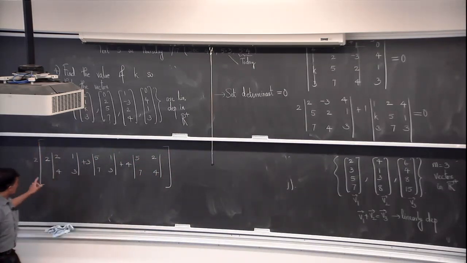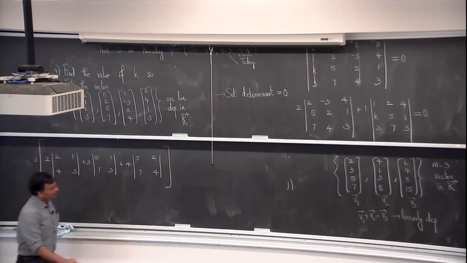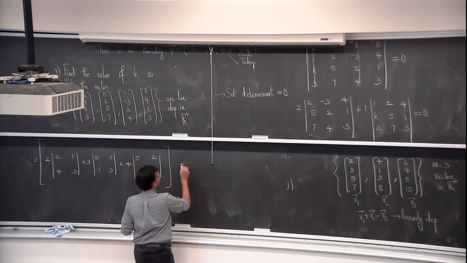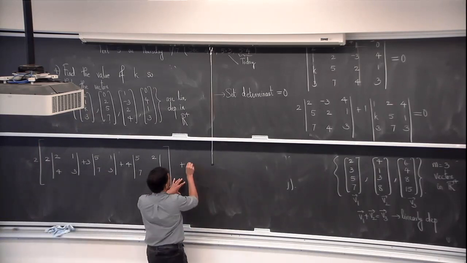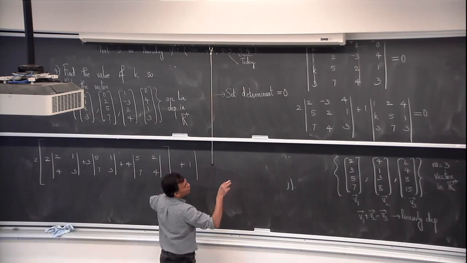Those big brackets are for this 2 outside, just so that I won't forget it, plus 1 times 5, 1, 7, 3.